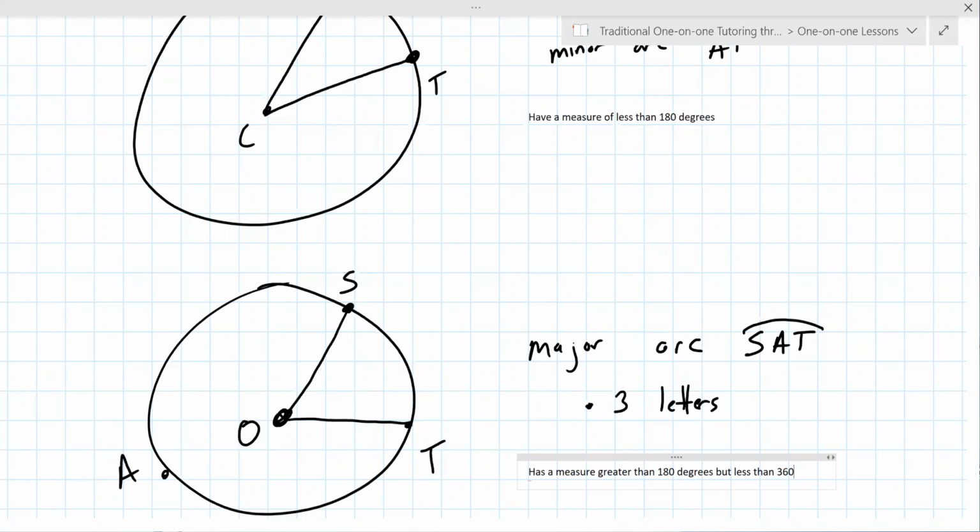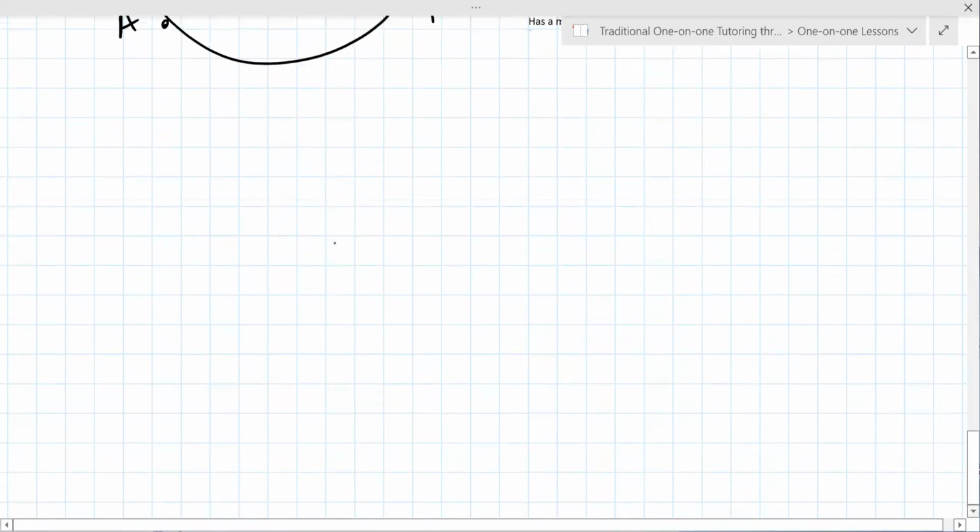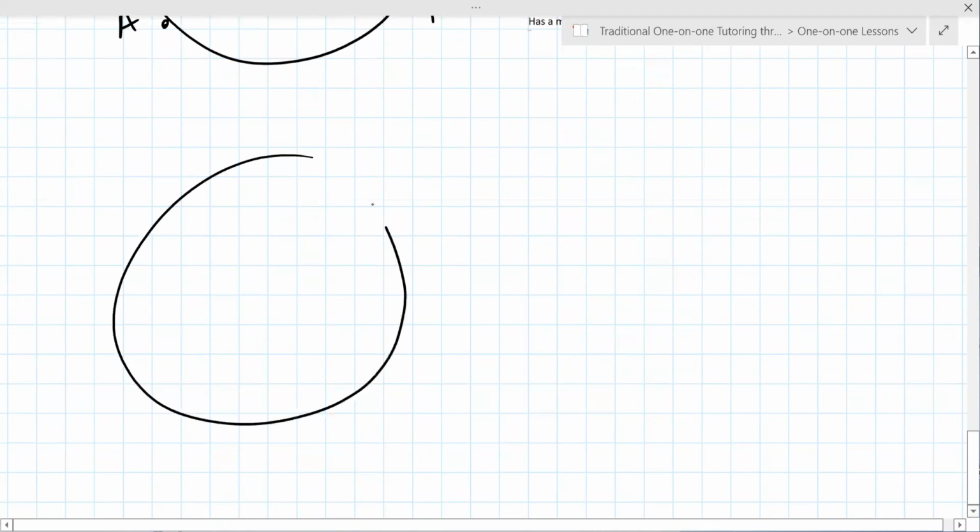Good. Okay. So those are arcs. Now, the thing I think this leads to is if you take a circle and you have a diameter and you cut this thing right in half. Actually, let's draw it horizontal. This is 180 degrees. This is 180 degrees.